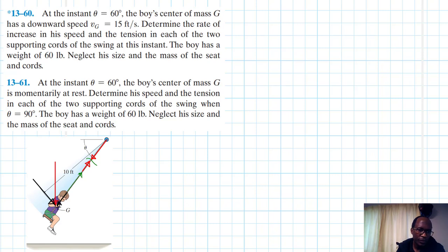Let me rub this out and draw it once more. Something like so. This component must be collinear. Something like so. Great.